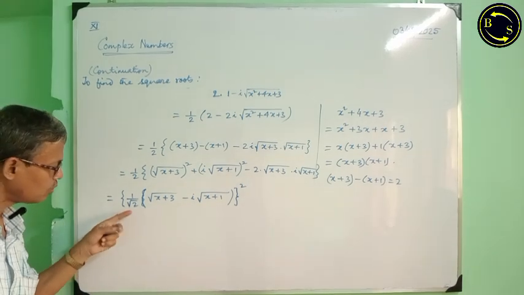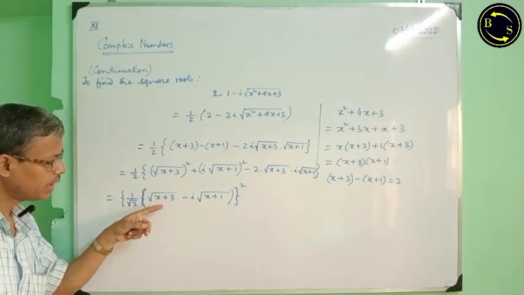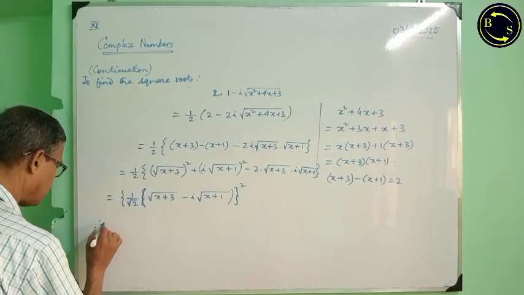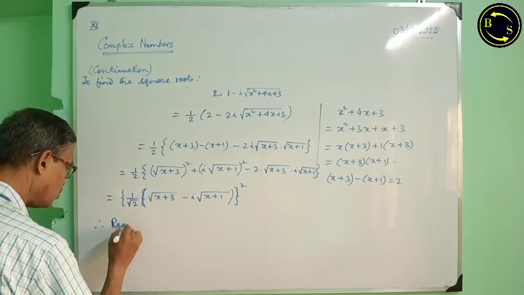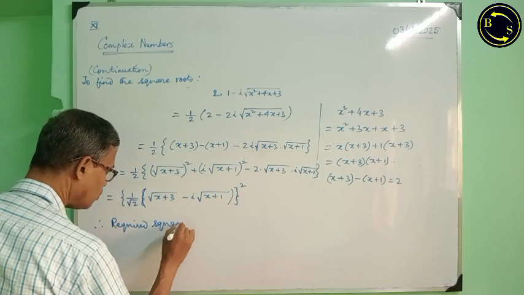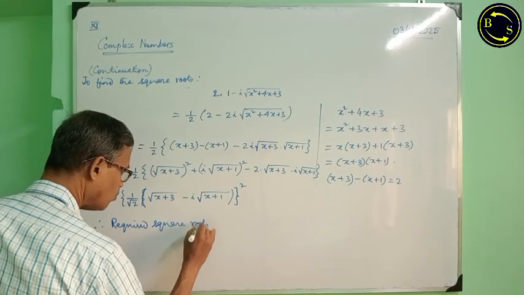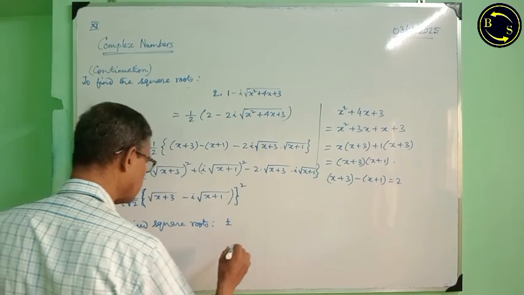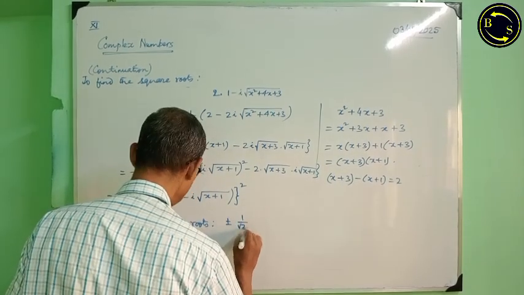Written in the form 1 by root 2 within brackets a minus b whole square. Therefore, required square roots plus minus 1 by root 2.